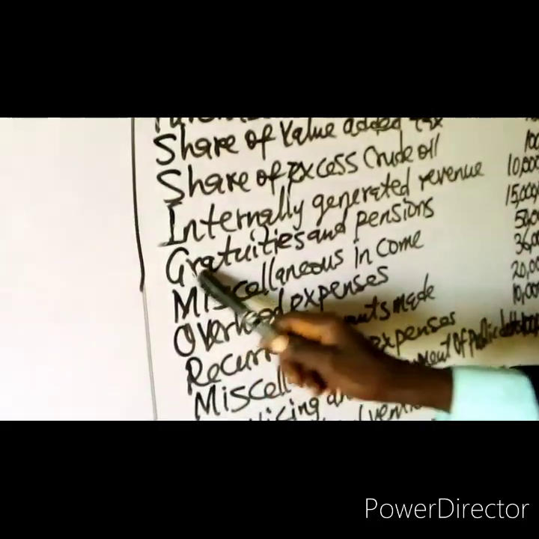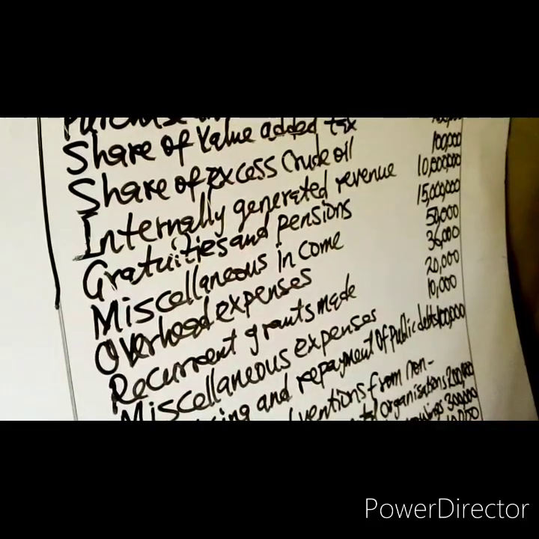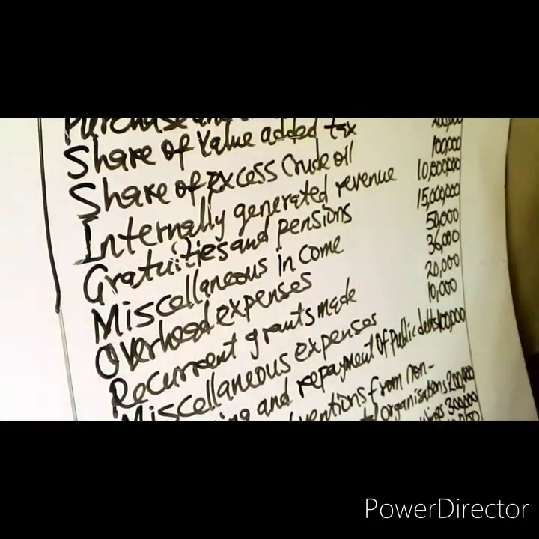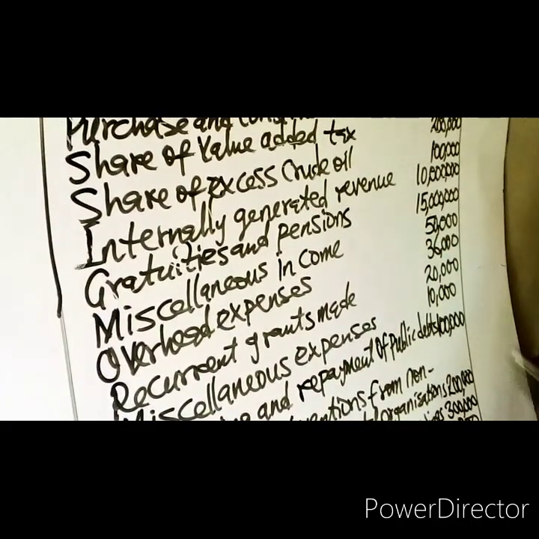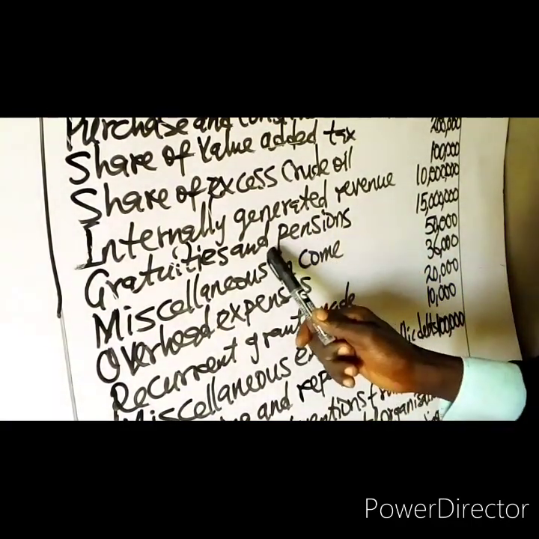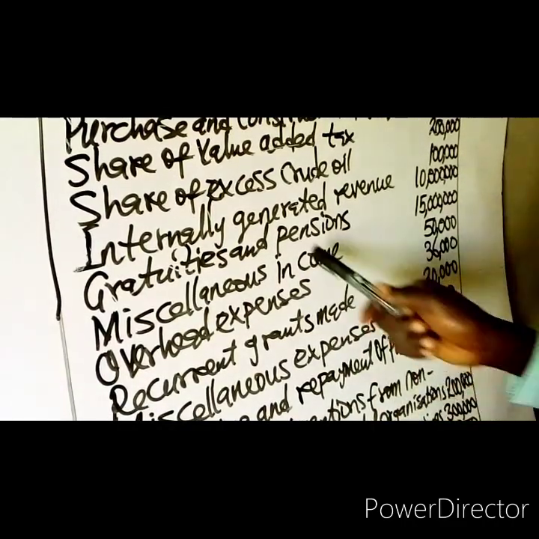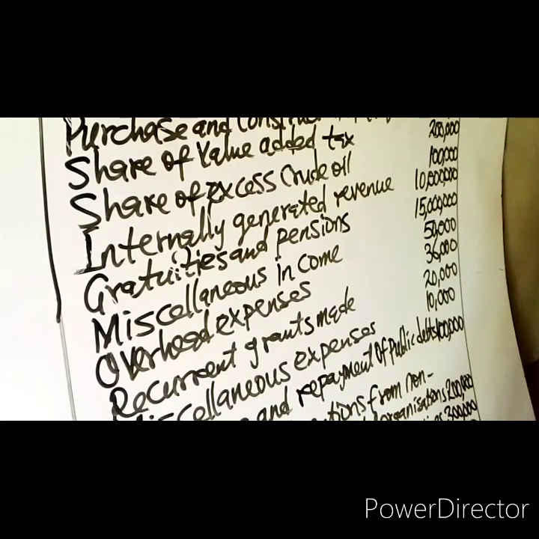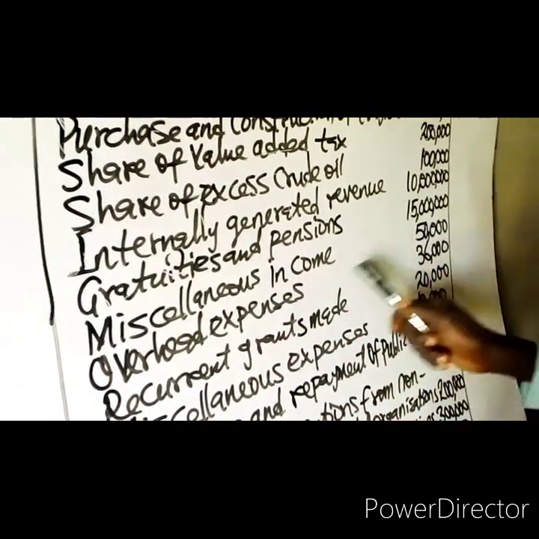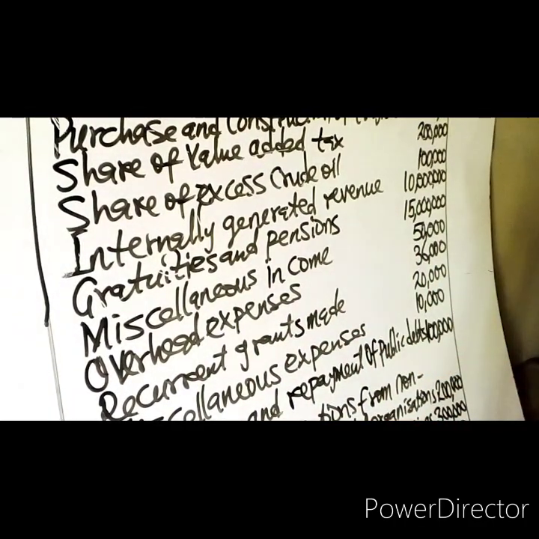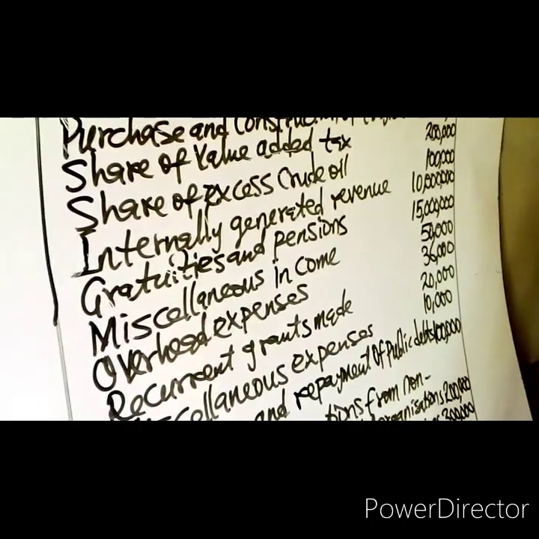We have gratuities and pensions. This is a payment which also arises under the principal activities of the government. So it is an operating activity, but it is a payment. Miscellaneous income is also one form of revenue to government. So that will be reported as operating activities.